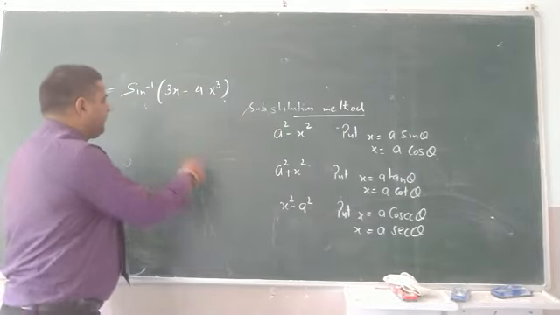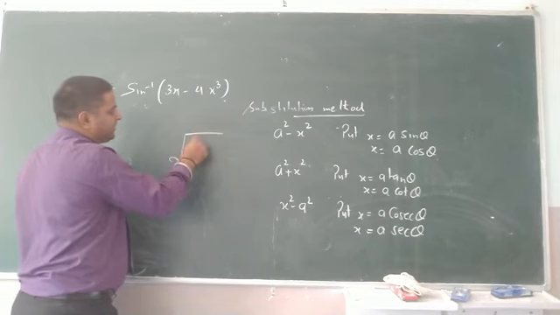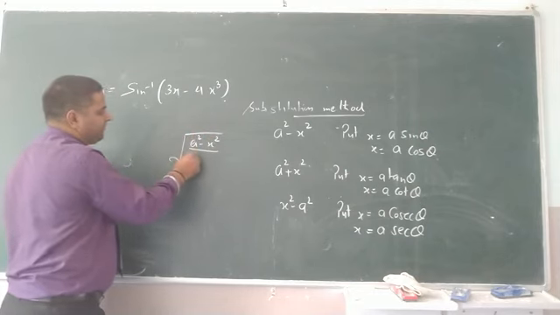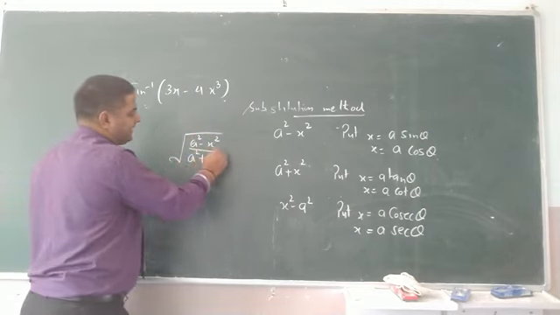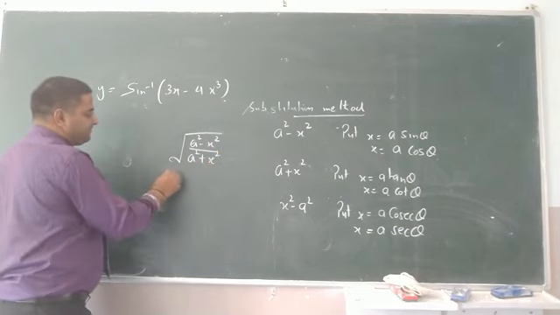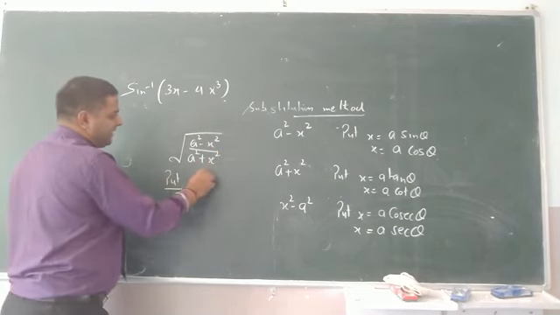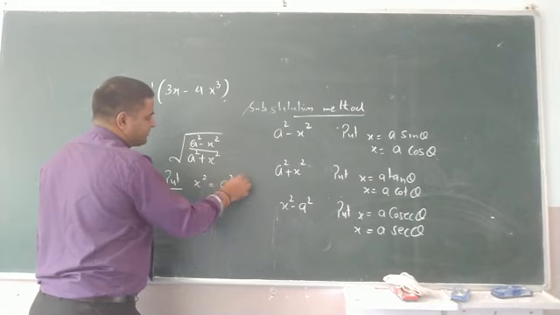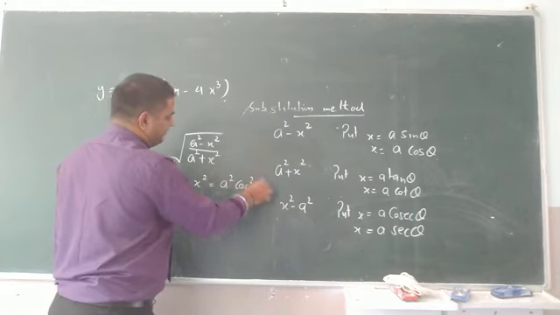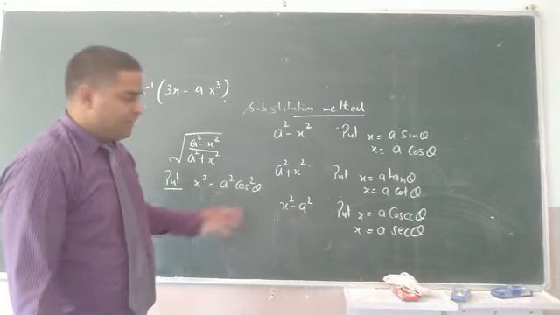Similarly, if we have an expression like under root of a square minus x square upon a square plus x square, we put x square equal to a square cos square theta, and so on.